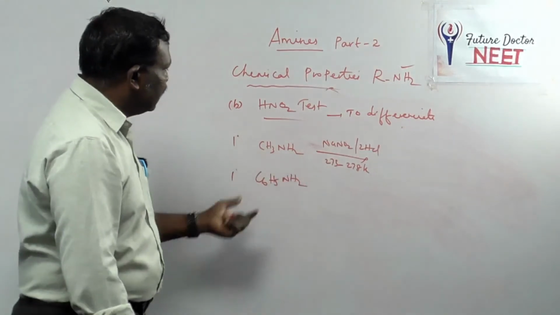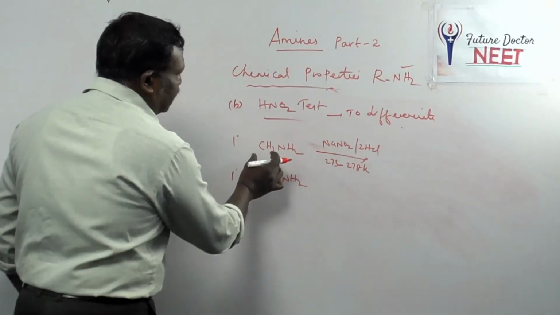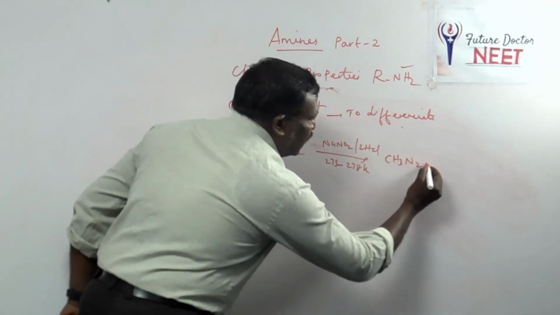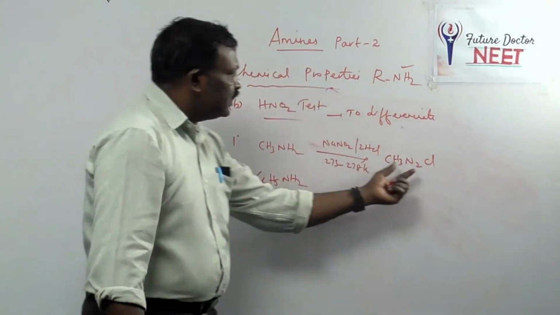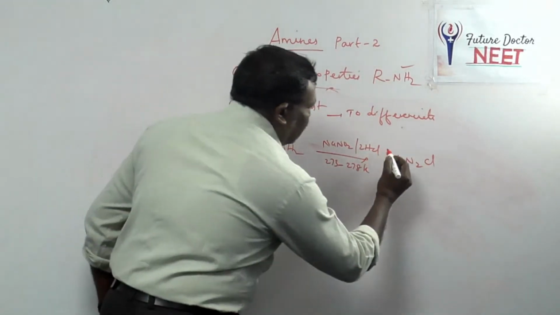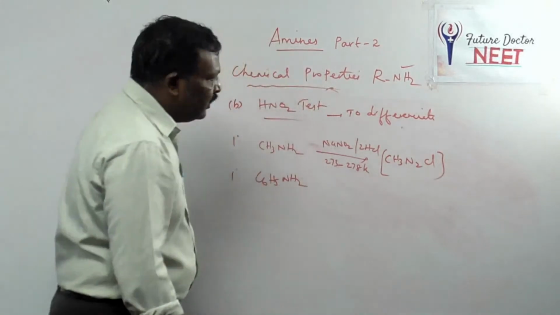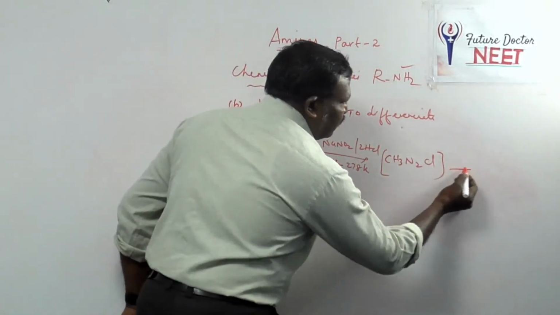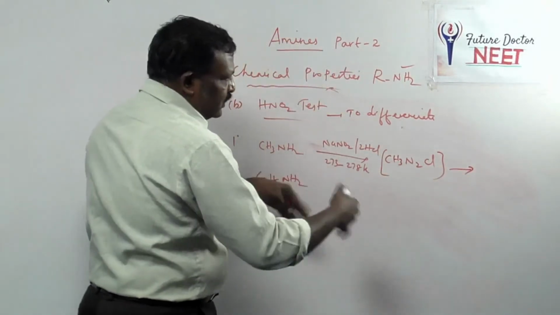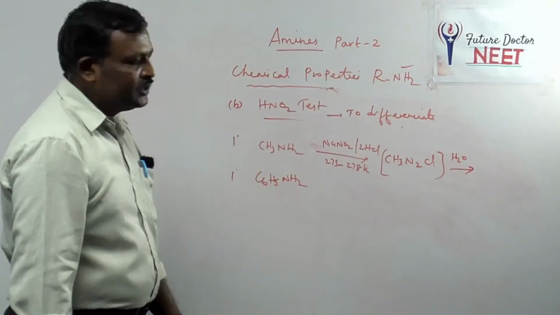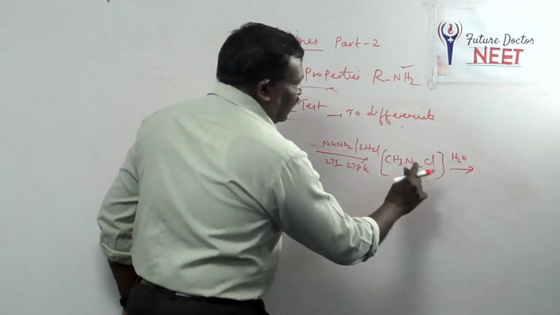Now, what's the product obtained? CH3NH2 becomes CH3N2Cl, the diazonium salt. But this is unstable, and unstable is represented by a square bracket. Unstable means it is not stable, and it decomposes on adding H2O.